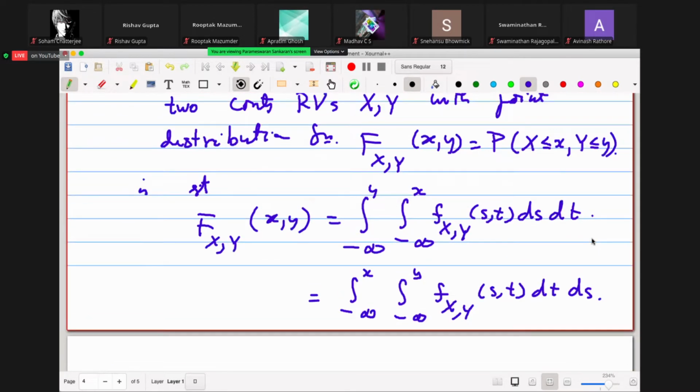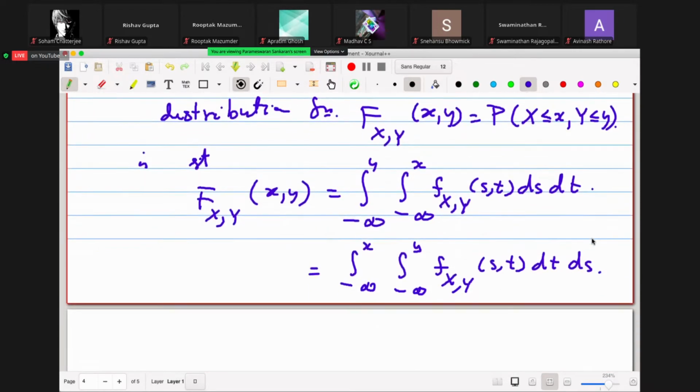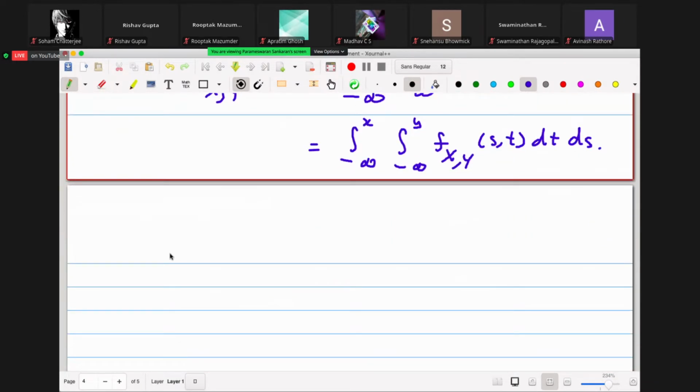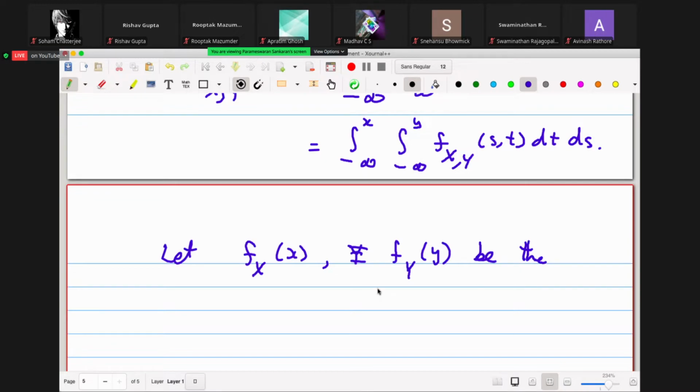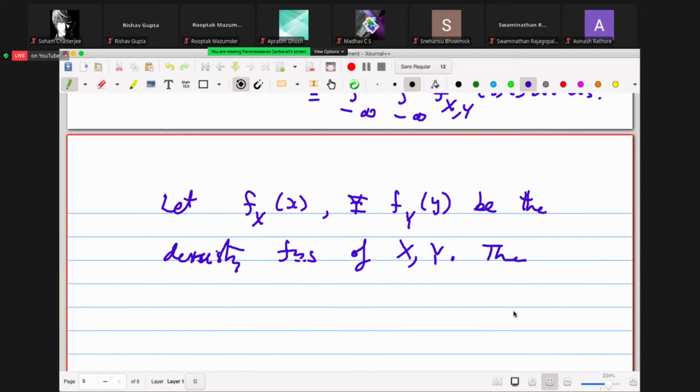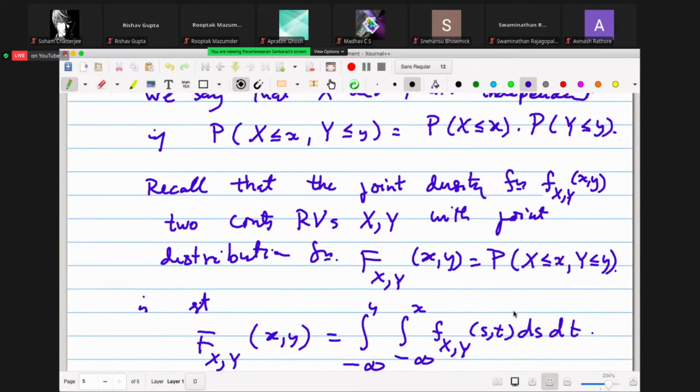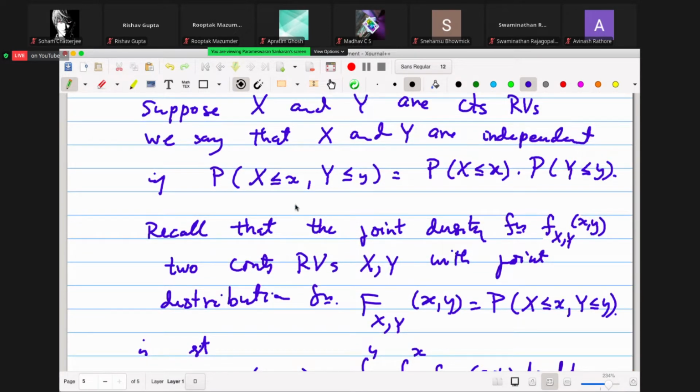And what this is saying is that, let f_X of x and f_Y of y be the density functions of X and Y. Then here you are saying that the probability that this is less than or equal to this, and this is less than or equal to this, is a product of these things.